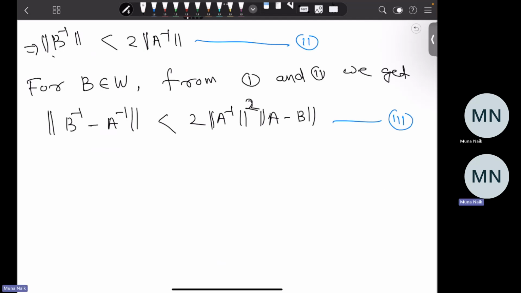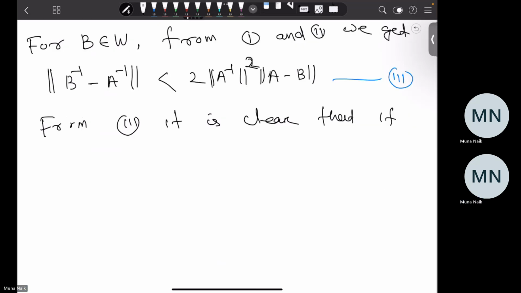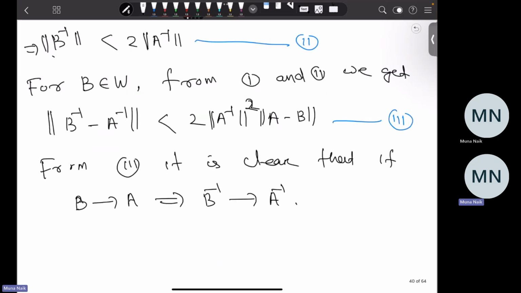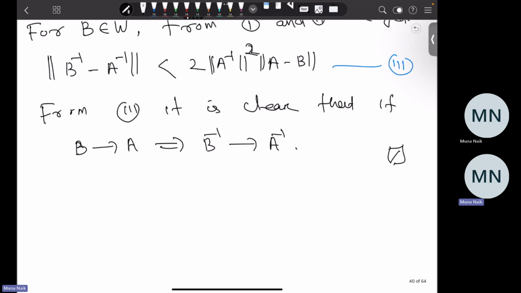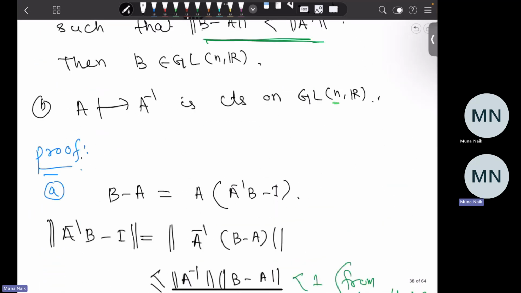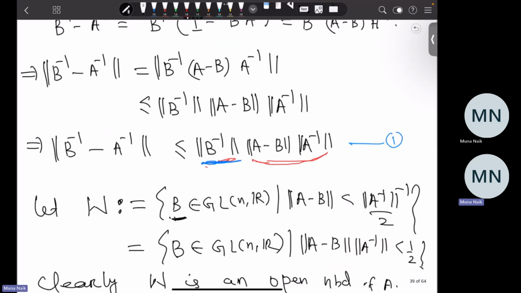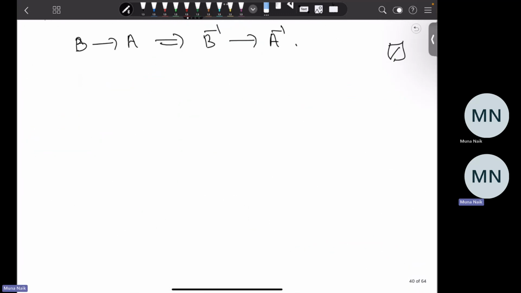From (3), it is clear that if B goes to A, then B inverse goes to A inverse. So this proves the proposition: the map A going to A inverse is continuous.